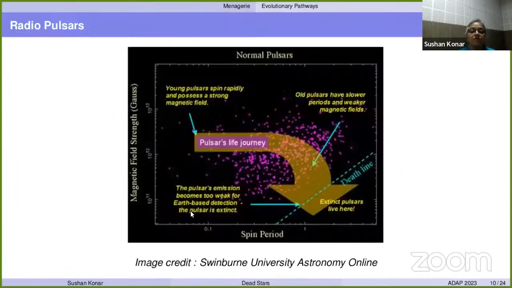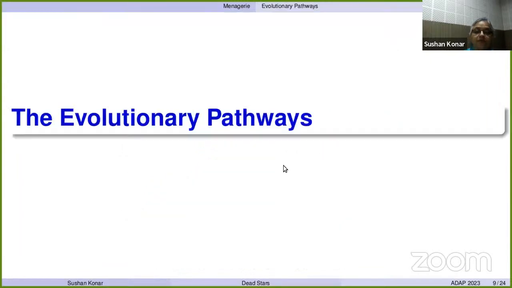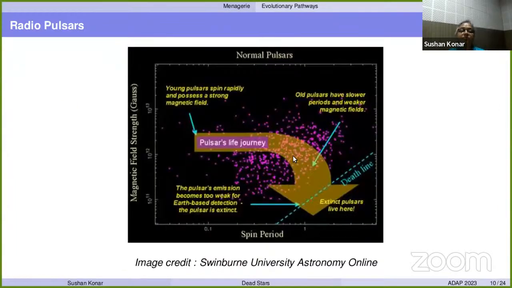So what are the evolutionary pathways? Please remember that we kept on saying, I go back to this, that these fellows would slow down because radiation is going out, taking away rotational energy. So they would move towards the right and cross the death line and would not be visible to us. So that's what happens.